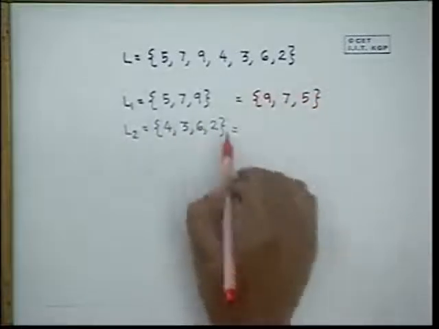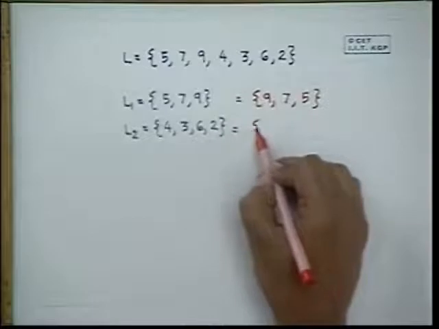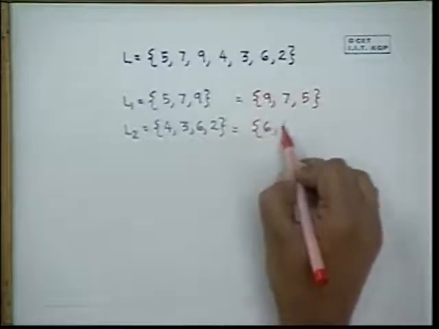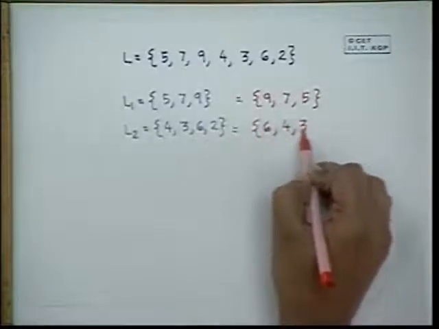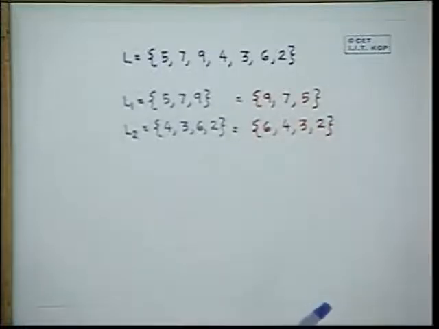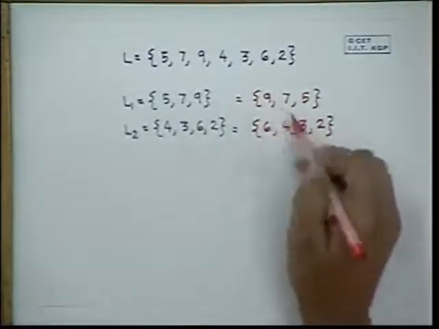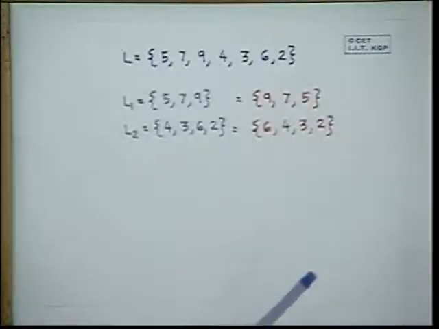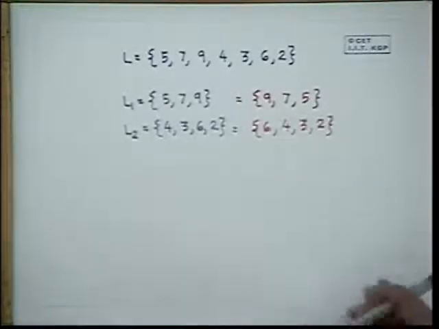After sorting this one, I will get 6, 4, 3, 2. Now can I combine these two to get my original solution without sorting them directly?